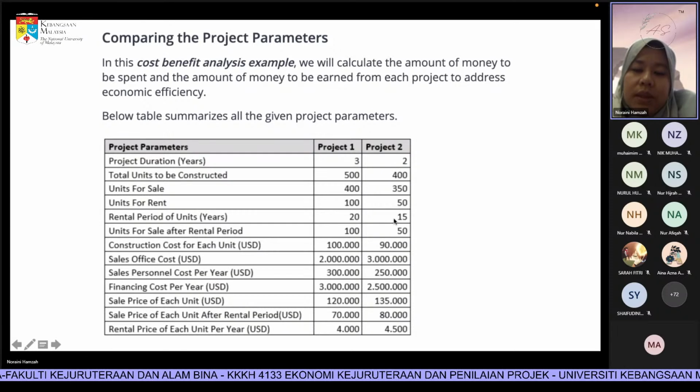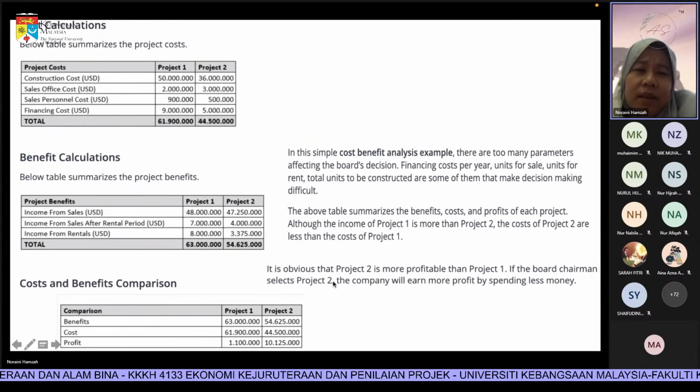Project 1, project 2. Okay, summarize. So for project 1, what costs are involved, the total cost. Project 2 total cost. Project 1 total benefits.